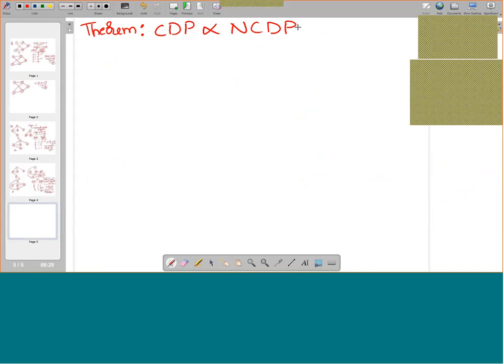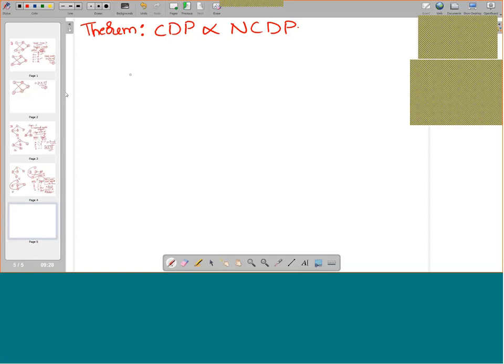Whatever graph we got in the clique decision problem, for that graph only we'll be constructing the complement graph. That's why we have taken clique decision problem reduces to node cover decision problem. And also in the previous class we have proved that clique decision problem is NP hard. That's why we are taking the theorem as CDP reduces to NCDP.